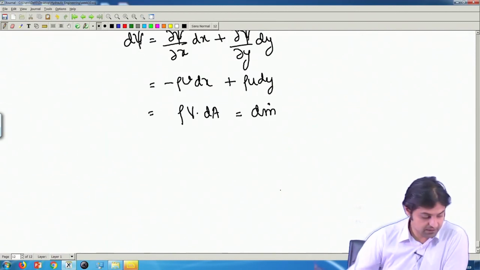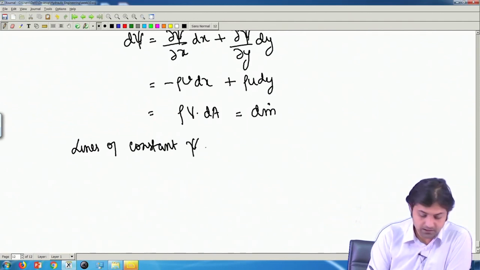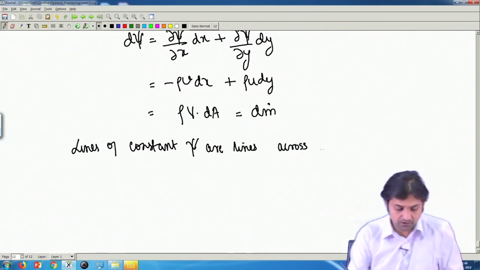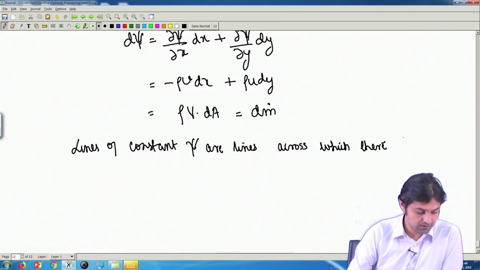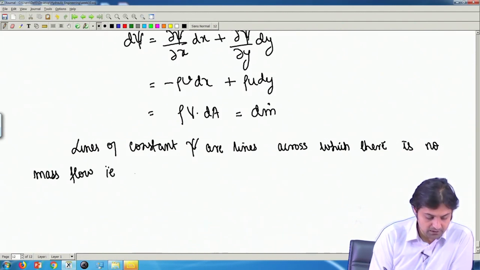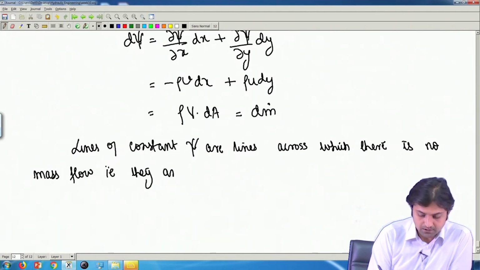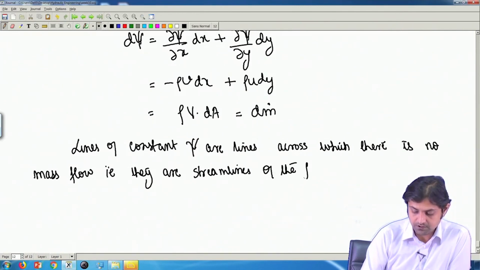So this implies actually that lines of constant psi are lines across which there is no mass flow, that is, they are streamlines of the flow.